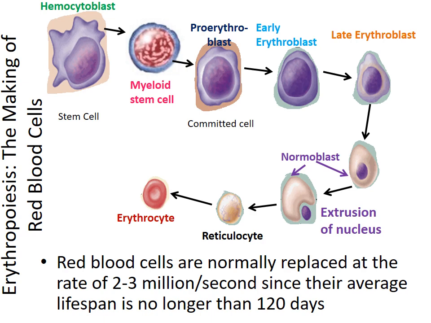Red blood cells are normally replaced at the rate of 2 to 3 million per second, and the average lifespan is about 120 days. After 120 days, each red blood cell will be destroyed in the reticuloendothelial system, especially in organs like the spleen.